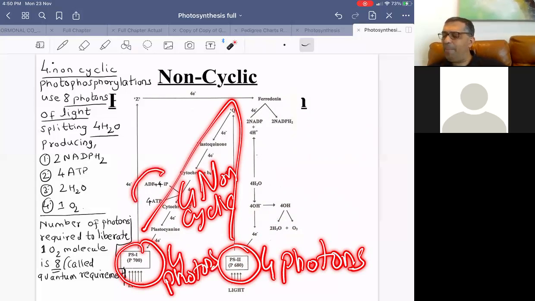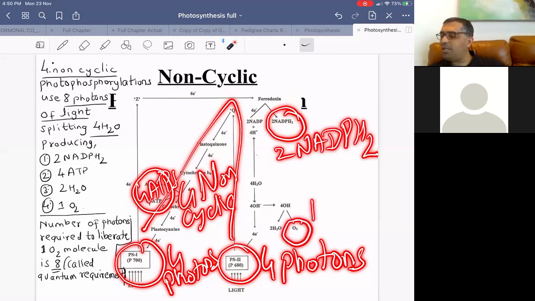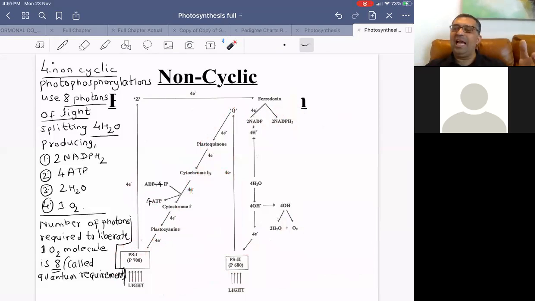How many ATPs were formed? 4 ATPs. How many NADPH2 are formed? 2 NADPH2. And how much oxygen is liberated? 1 oxygen is liberated. So 4 non-cyclic processes, golden words.